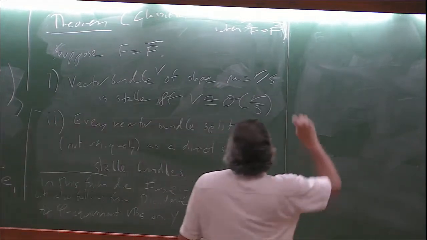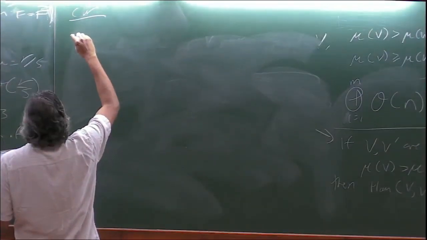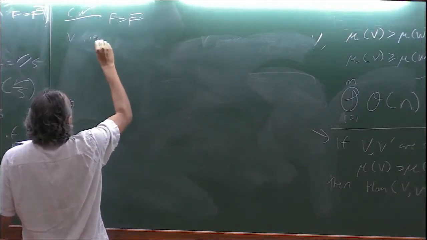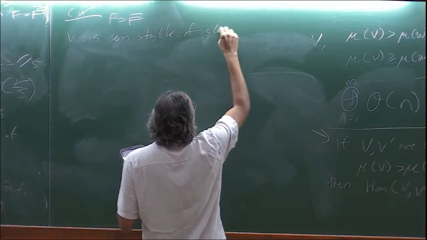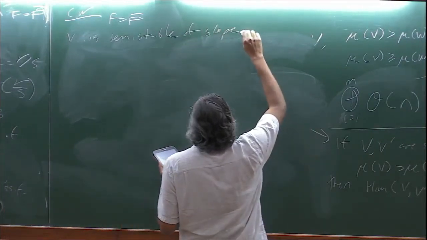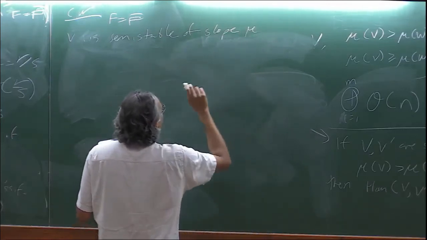Okay, corollary. So F is F bar. I'm not going to say much about the proof of this. I might make one or two comments, but I want to state this corollary first.